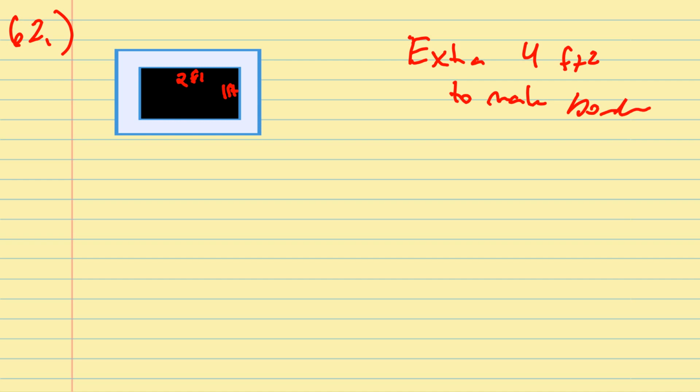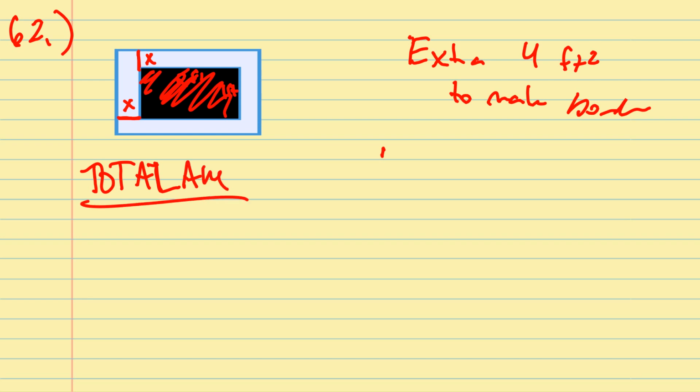So I need to be able to add some amount here, we'll call it x, and some amount here, we'll call that x, to make a border. Now this area in the middle is going to be 2 feet. So the total area is going to be 6 square feet.